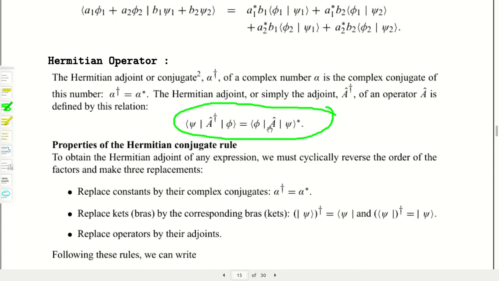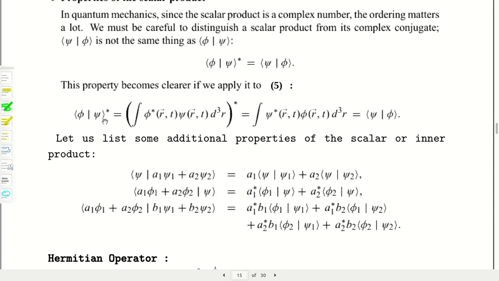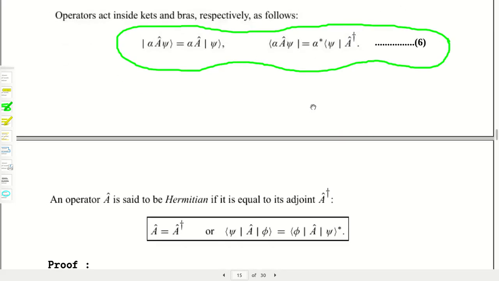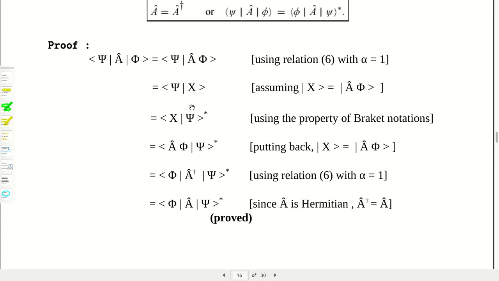It is proved here. ⟨φ|ψ⟩* is equal to ⟨ψ|φ⟩. So ⟨ψ|χ⟩ is equal to ⟨χ|ψ⟩*. Now put the value of χ, that is, the operator a operating on φ, and in the ket there is ψ, and the whole star is there.